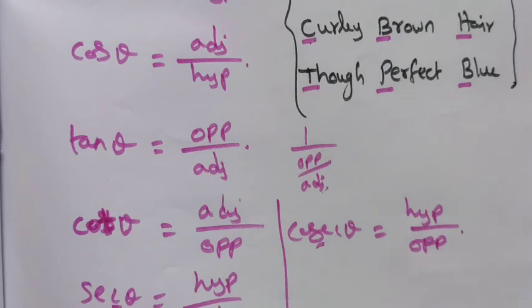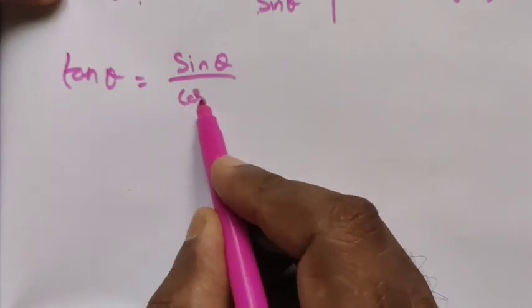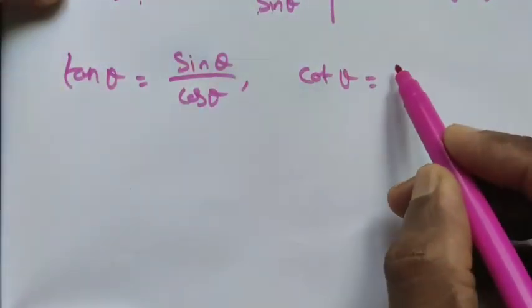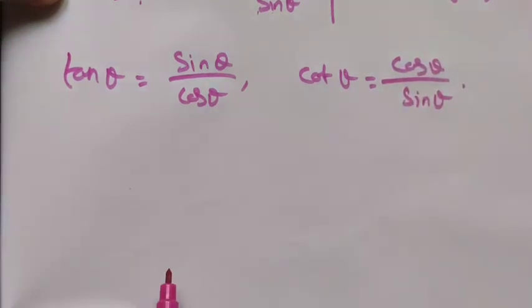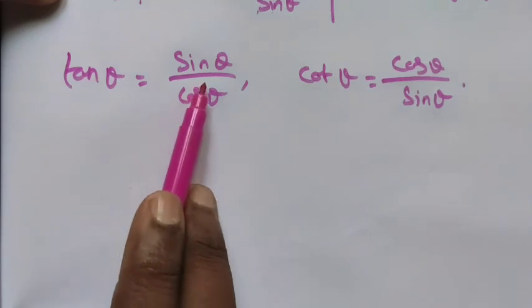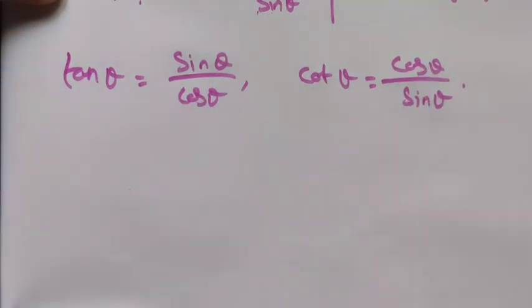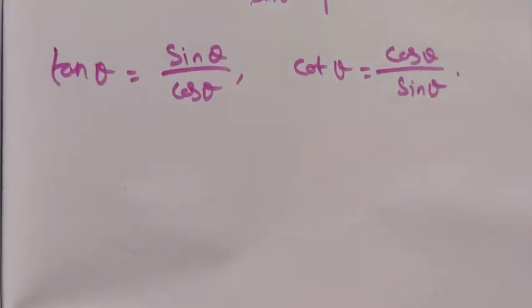Without knowing these ratios, we cannot find the sides or angles, right? And one more: tan theta is equal to sin theta divided by cos theta, and cot theta is equal to cos theta divided by sin theta, right? Why are we studying trigonometry?